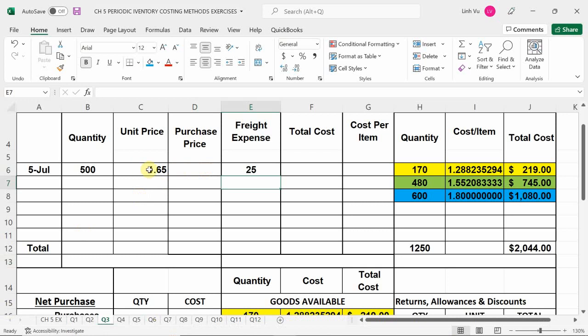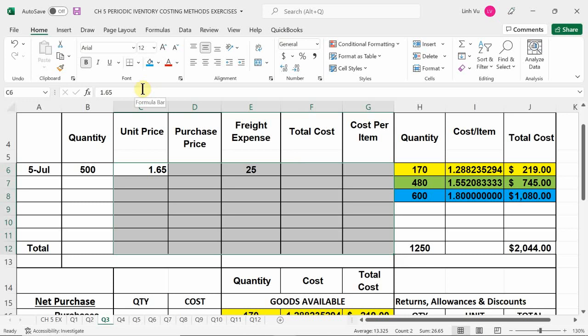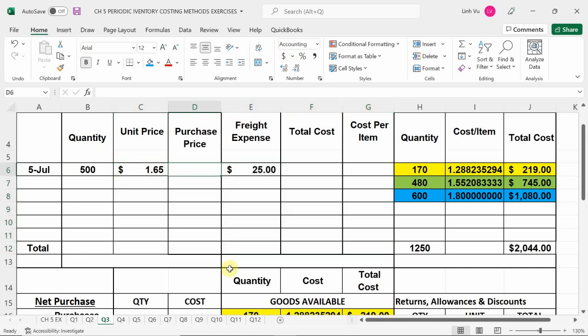Okay. So here, what is the purchase price? Because I bought 500 units at $1.65, how much is my total purchase price?